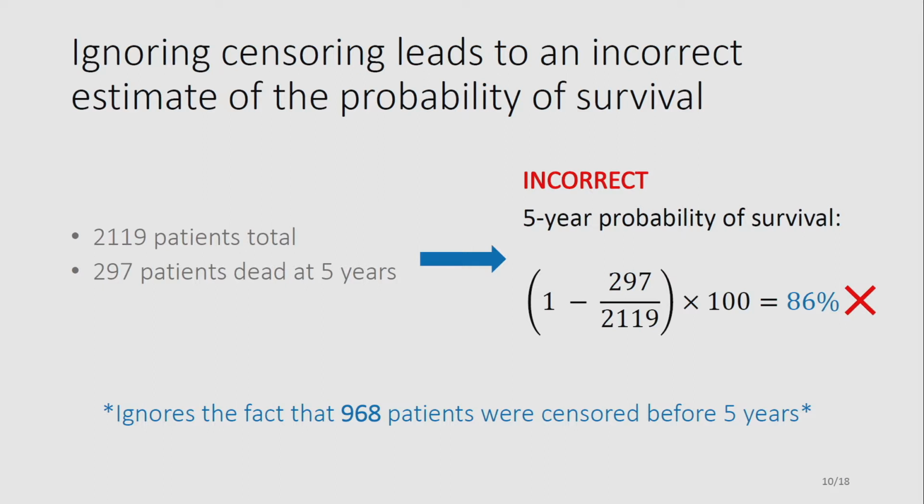The denominator would be the full sample size, 2,119, and you would estimate that you have an 86% 5-year probability of survival. And you see that you get an overestimate here because it's ignoring the fact that 968 patients were actually censored before that 5-year point. So at 5 years, for those 968 patients, we don't actually know if they're dead or alive. And so just putting them in the denominator like that will result in an overestimate of your survival probability.